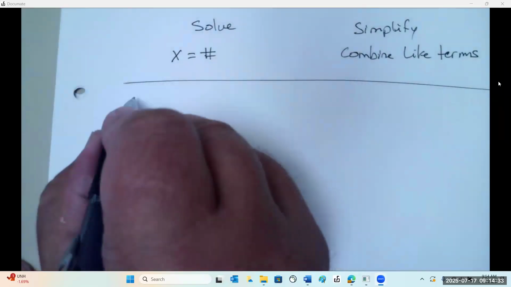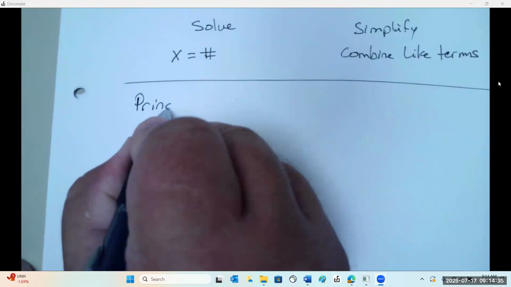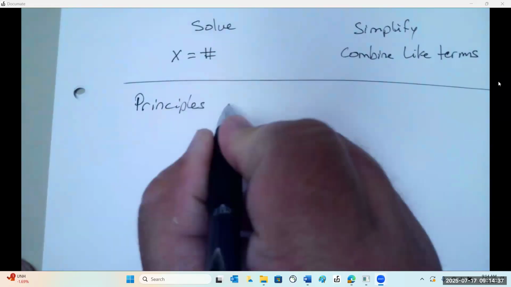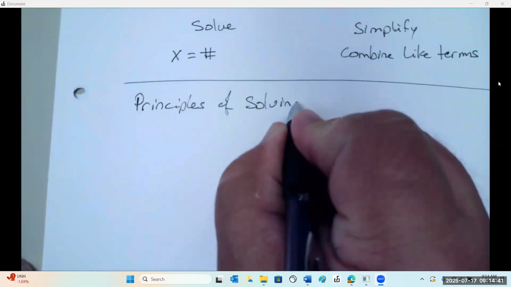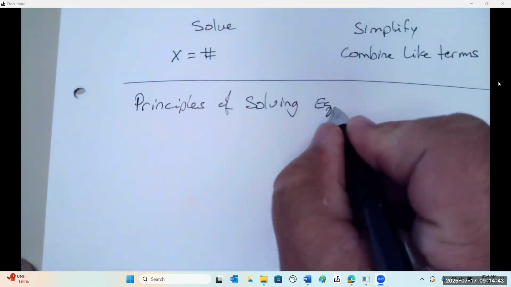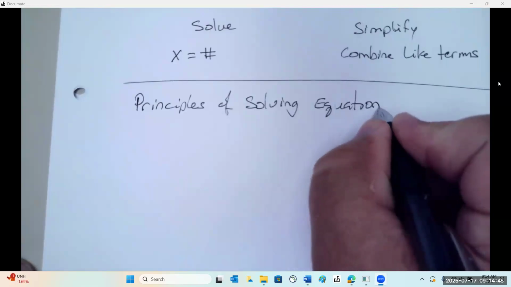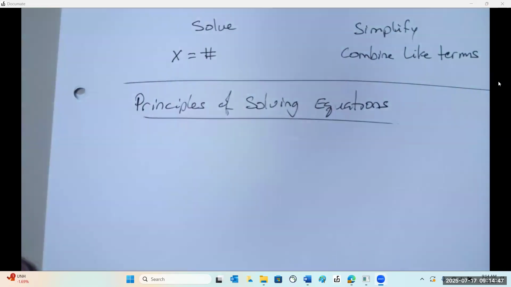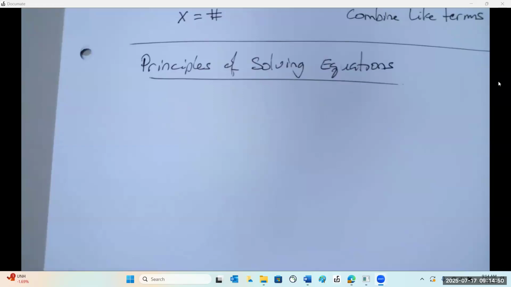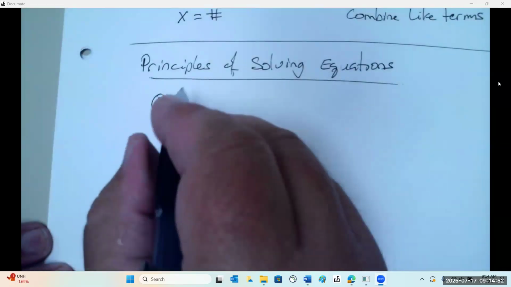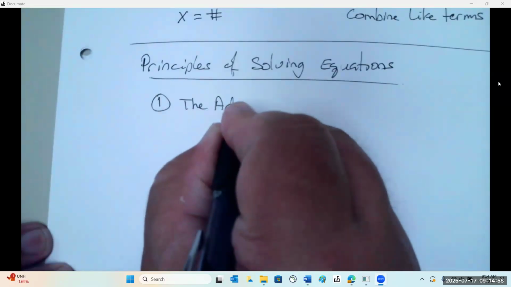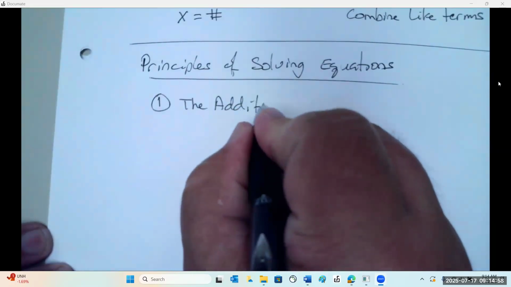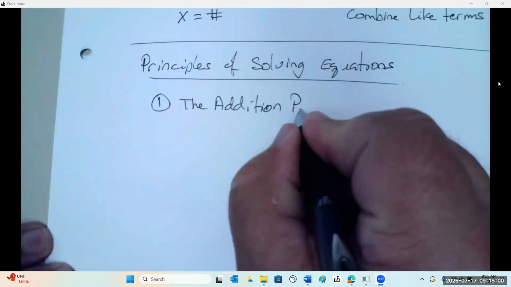We have two principles that we deal with. The first one is the addition principle.